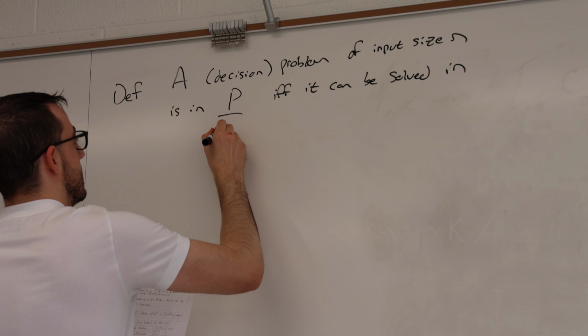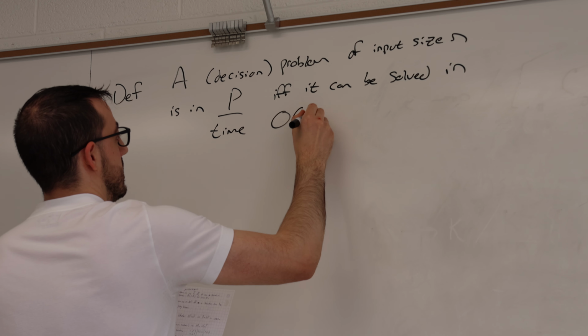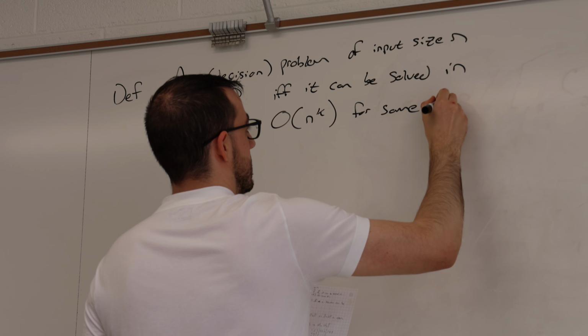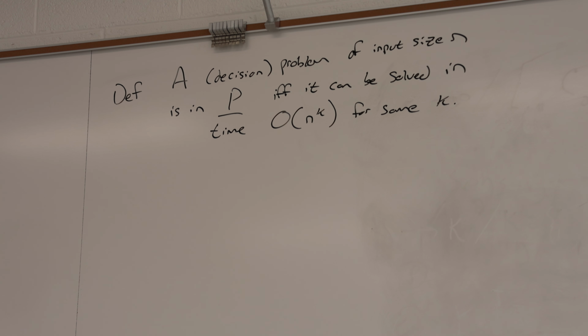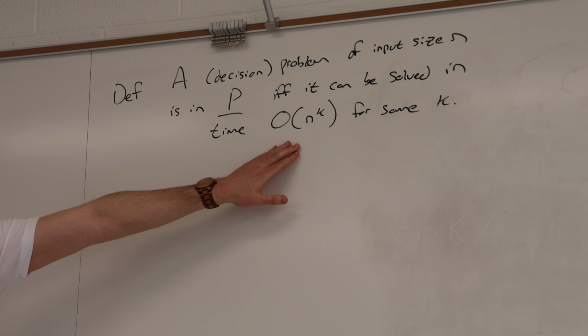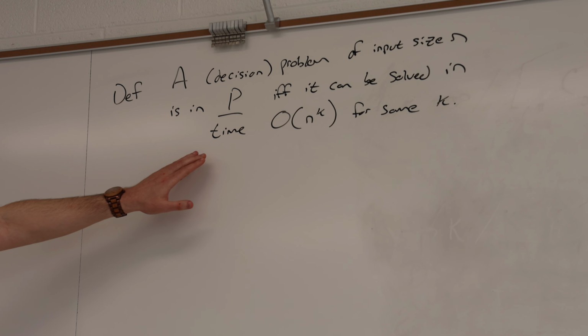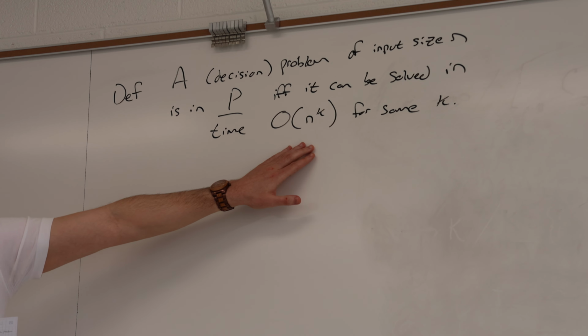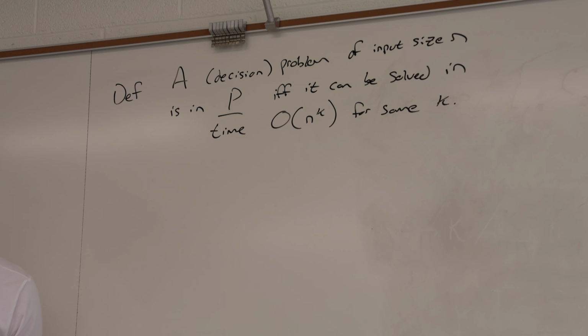It can be solved in time order n to the k for some constant k. Okay? So P standing for polynomial. We can use our big O notation from last time. So if it can be solved in time that's bounded above asymptotically by some n to the k, some polynomial, then we say that is a problem that is in P, can be solved in polynomial time.